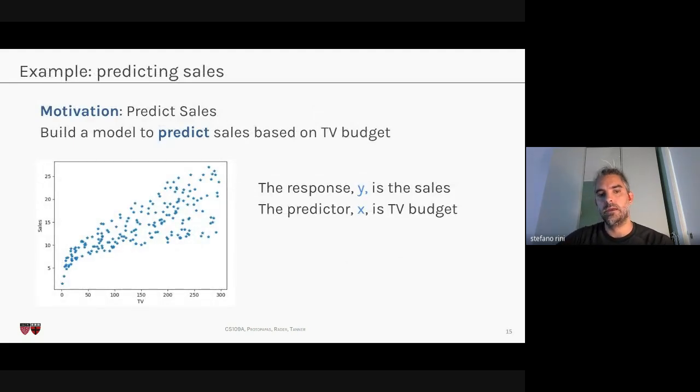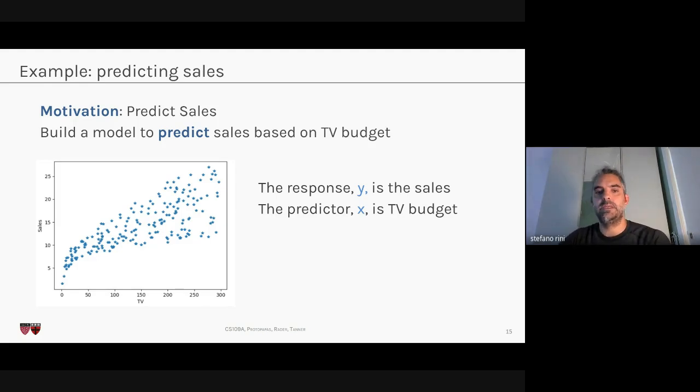You see here the budget on TV advertisement on the x-axis. It goes between 1 and 300, and then the sales again go between 0 and $25,000, whatever it is. It's clear that there is a certain trend in the data, which is that if you don't spend money, then you don't sell goods because people don't know that they are being sold.